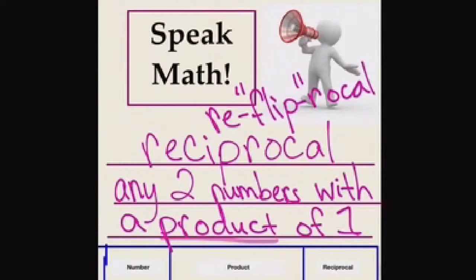So for example, if I gave you the fraction 4/5 and asked you to find the reciprocal, you would flip what's on the top and the bottom. So the 5 would be on the top and the 4 would be on the bottom. And that's its reciprocal.